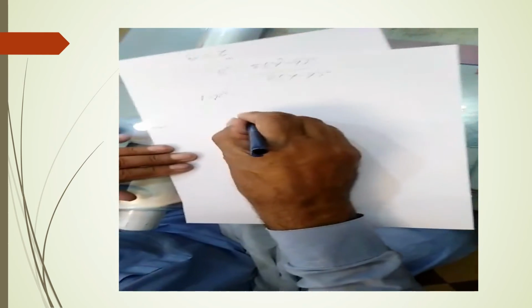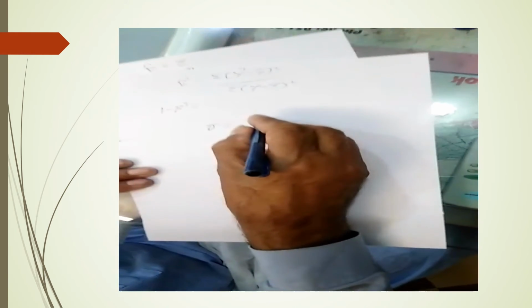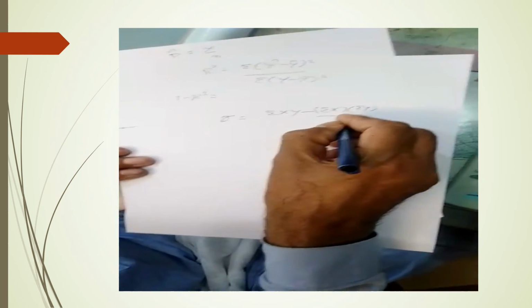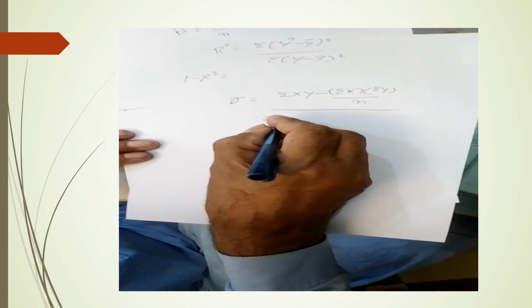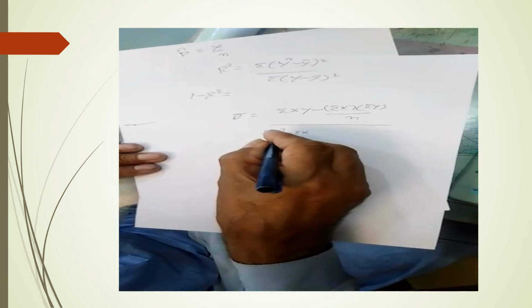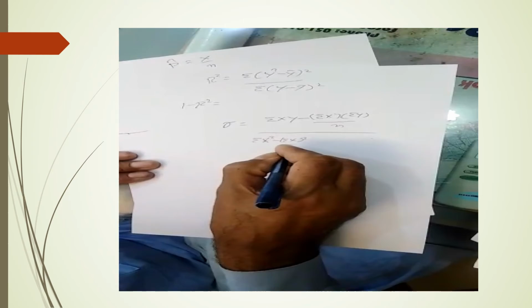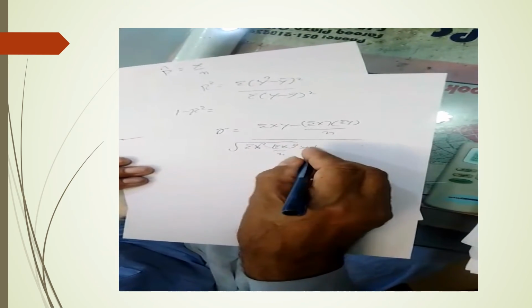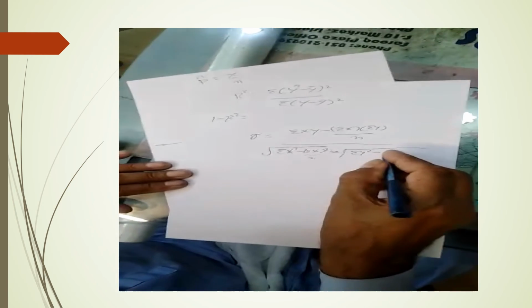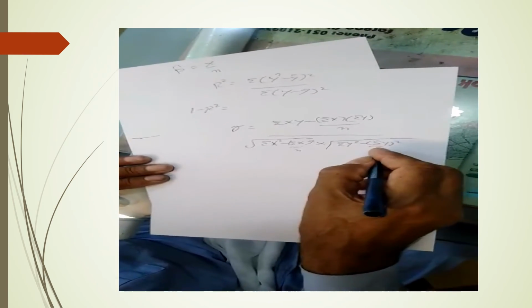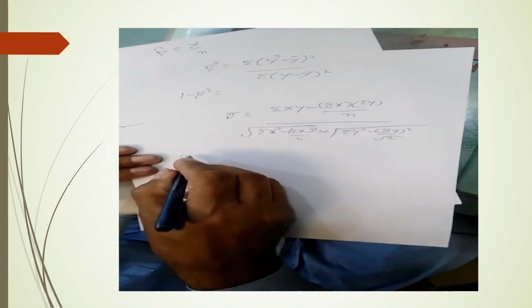The relationship is measured by the correlation coefficient, denoted by small r, which is equal to summation xy minus summation x summation y over n, all divided by the square root of summation x square minus summation x whole square divided by n, multiplied by the square root of summation y square minus summation y whole square divided by n. That is known as the correlation coefficient.